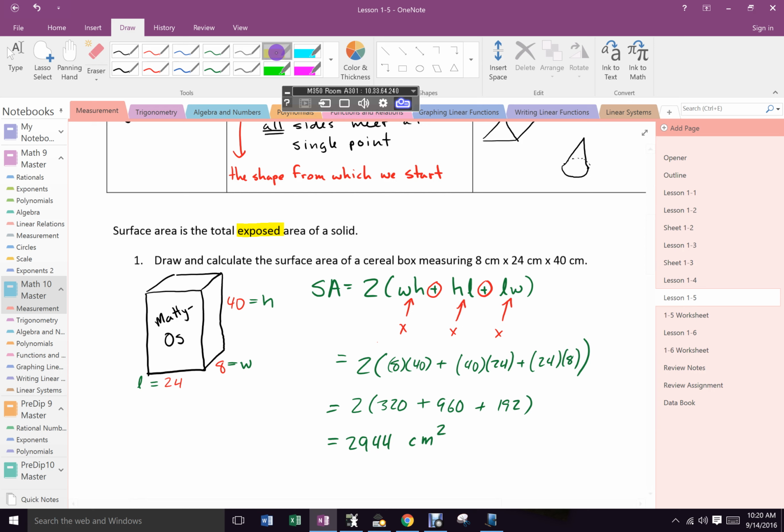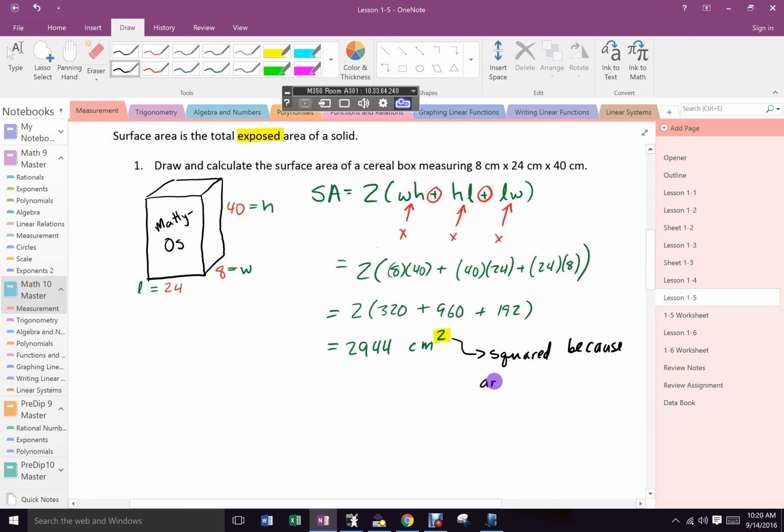Squared. Why is it centimeters squared? For area. It is squared because area has how many dimensions? How many dimensions? 2. 2 dimensions.